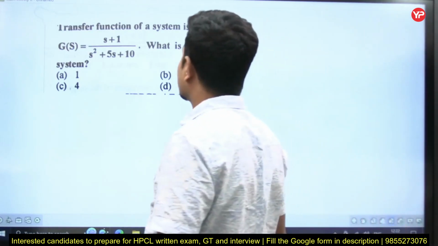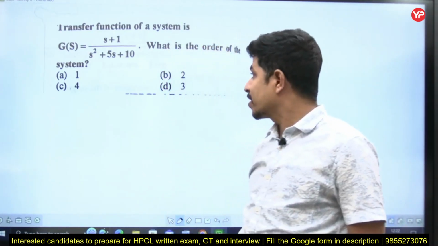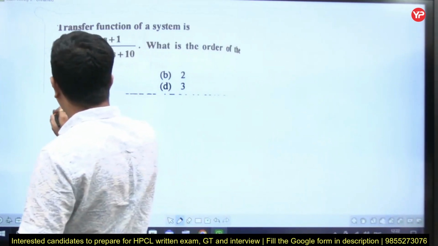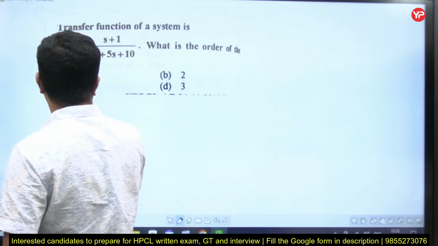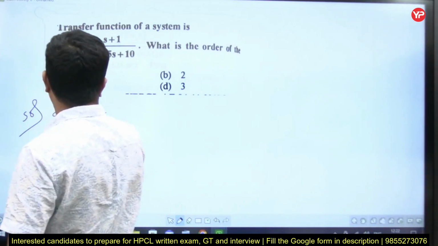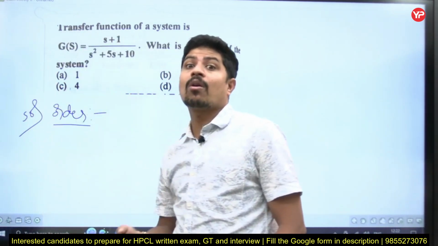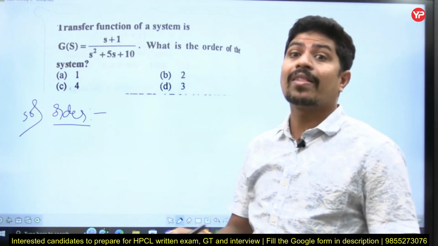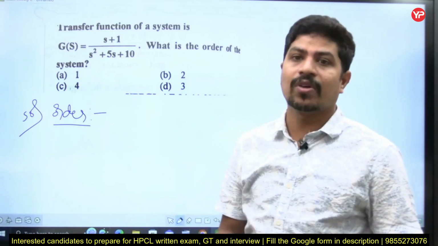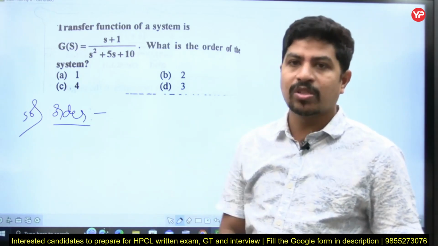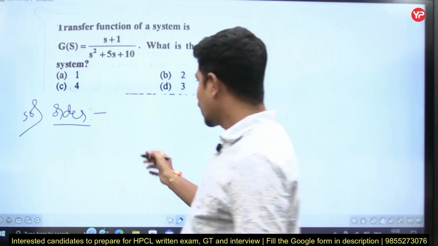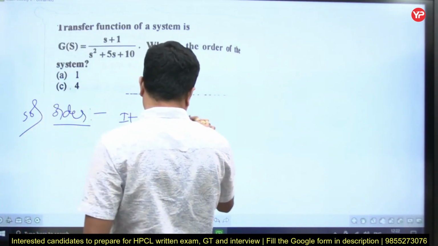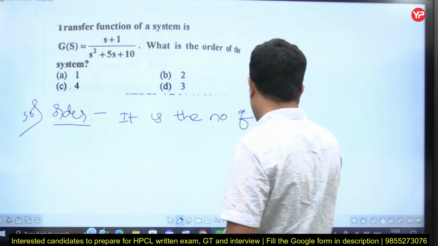The transfer function of a system is G(S) equal to S plus 1 by S square plus 5S plus 10. What is the order of the system? One of the very important concepts, order of the system. Order of a system means the number of independent energy storage elements present in the system, or the highest power of S in the transfer function, or the number of poles or zeros, whichever is greater.